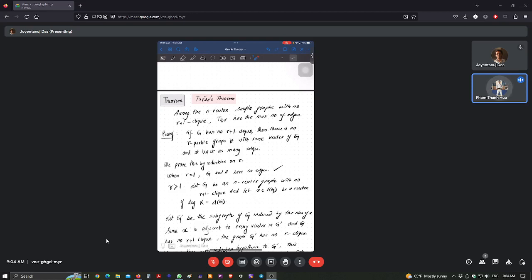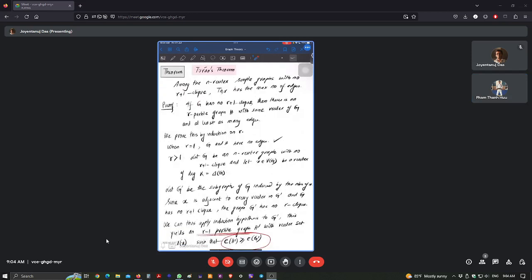We consider that this vertex has the maximum degree. Then we let G prime be the subgraph of G that is induced by the neighbors of X. Now X is adjacent to every vertex in G prime.